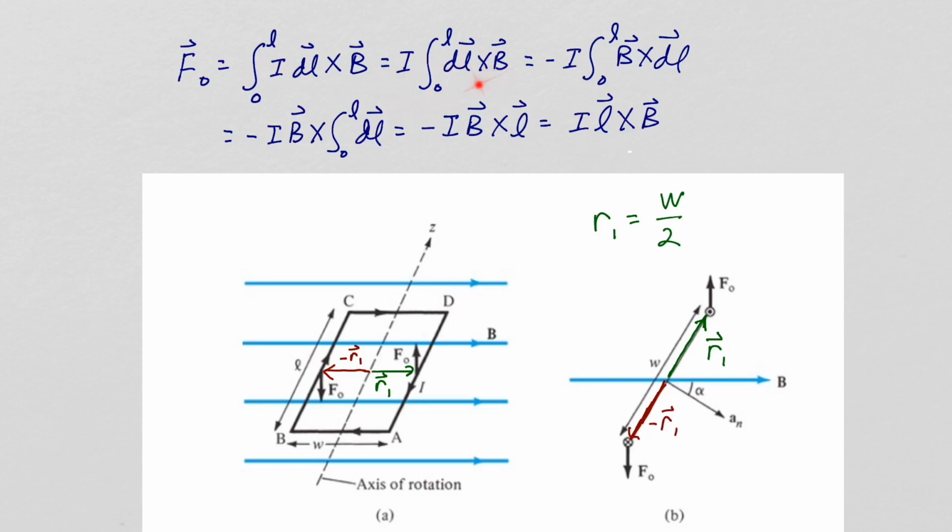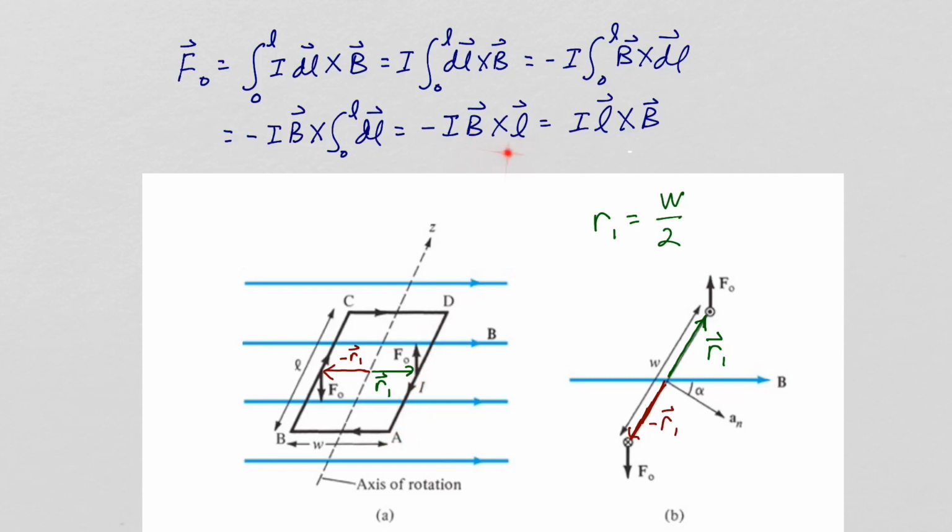If we change the order of the cross product, we'll get a minus sign. The magnetic flux density field is constant. We can move it to the left of the integral. And the integral from 0 to L of dl will just be the vector L, whose length is L and whose direction is the direction of the current flowing from D to A.